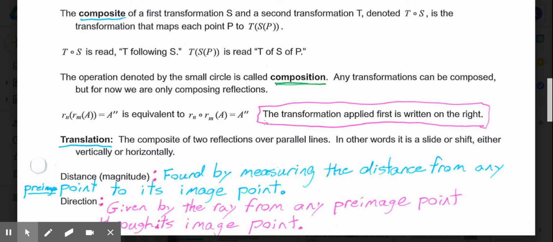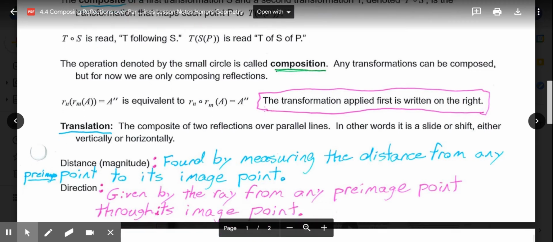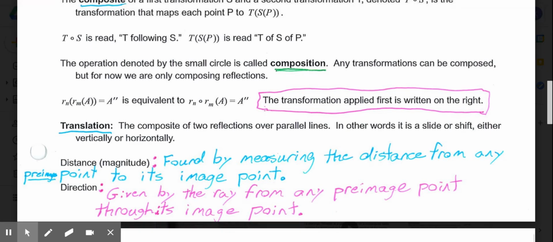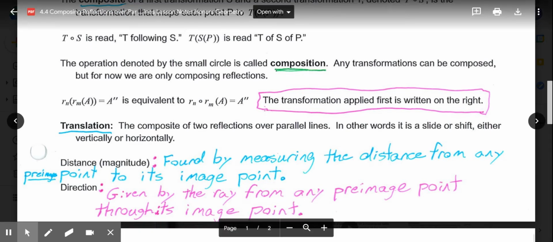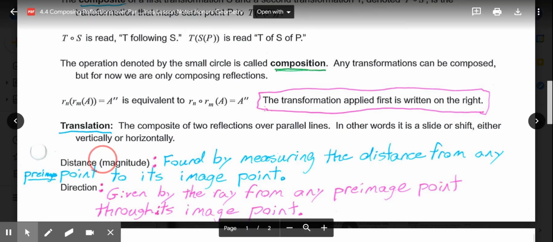So we get to a couple pieces of the translation then. The distance or magnitude is found by measuring the distance from any pre-image point to its image point. So if we would measure the distance from point A to point A double prime, using that first activity, that would give us the distance or magnitude.